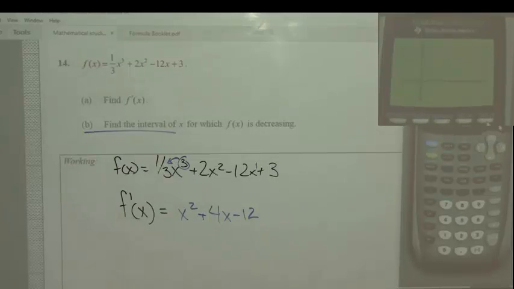Now I'm going to hit graph, and first thing you see is the fact that my window is from the previous problem. So the quickest way to get back is just to hit the zoom standard. That's kind of the default screen, and now I've got something that looks a bit like that.